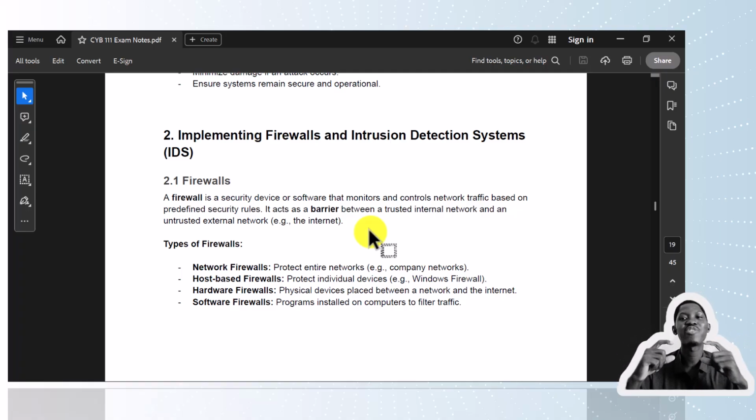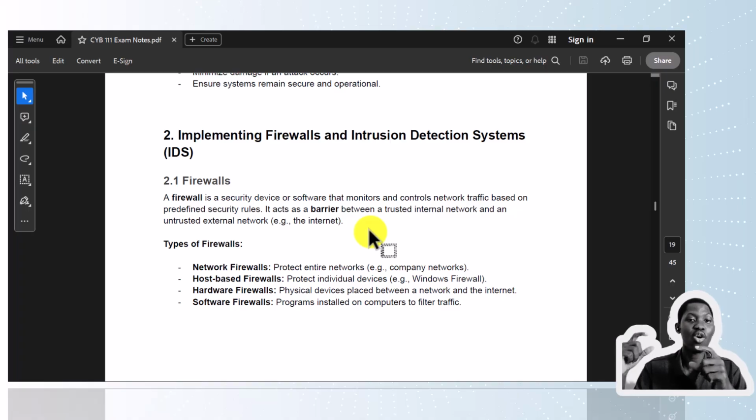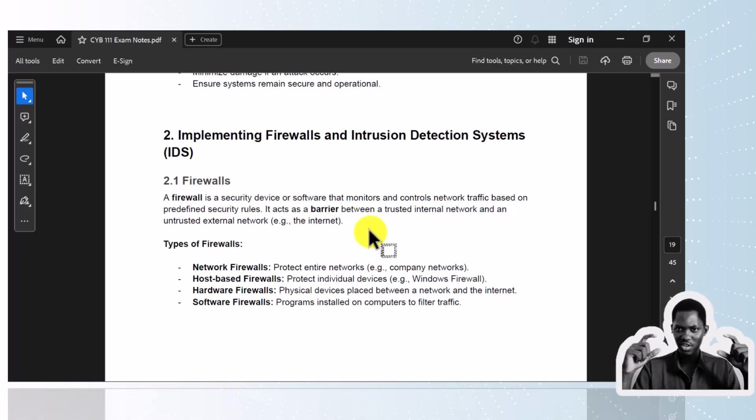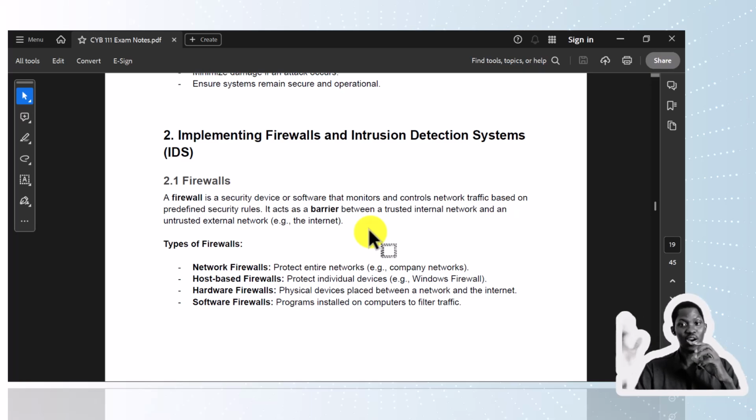So Camtasia, that I have blocked inbound, I have set inbound rules to block all communications to it. It's going to be monitoring the network traffic. When it sees that the network traffic is trying to communicate with Camtasia and it's against the rule that I've set, it will block that network traffic.